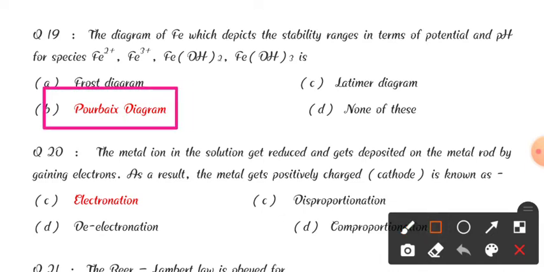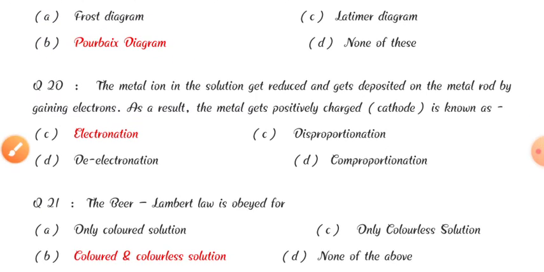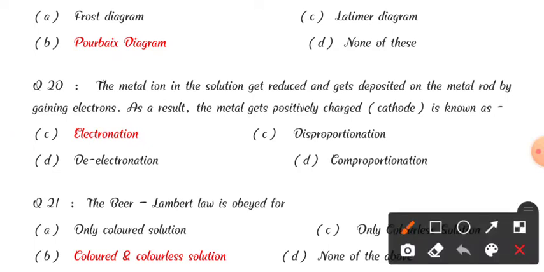Okay, now next question, question number 20. The metal ion in the solution gets reduced and gets deposited on the metal rod by gaining electrons. As a result, the metal gets positively charged. Cathode is known as, that is electronation. Okay, so option number A is the correct answer, not C.